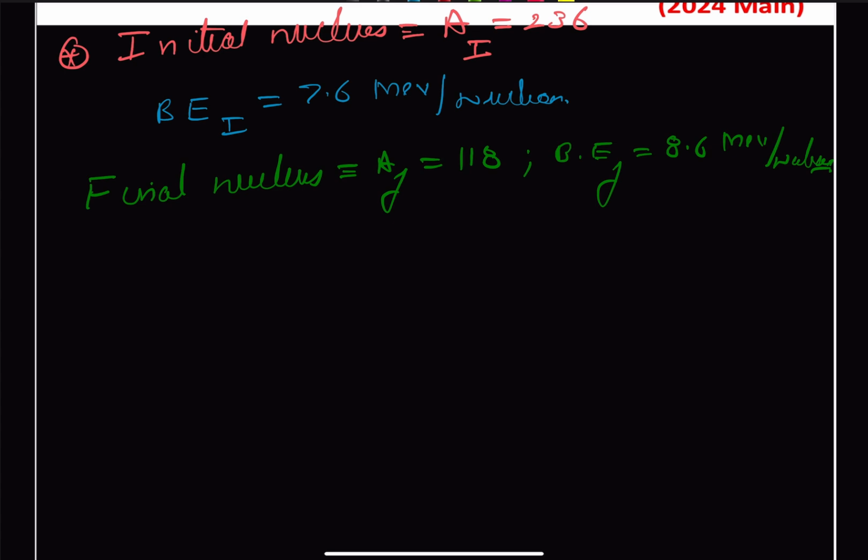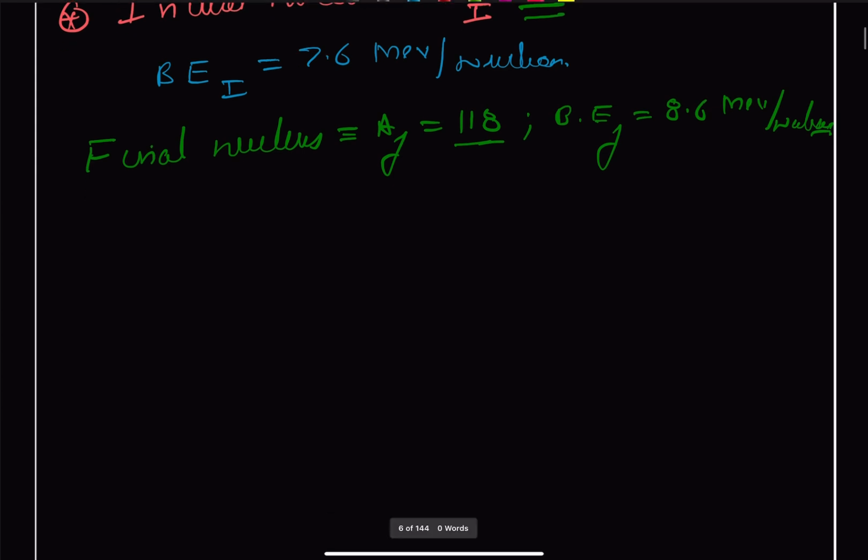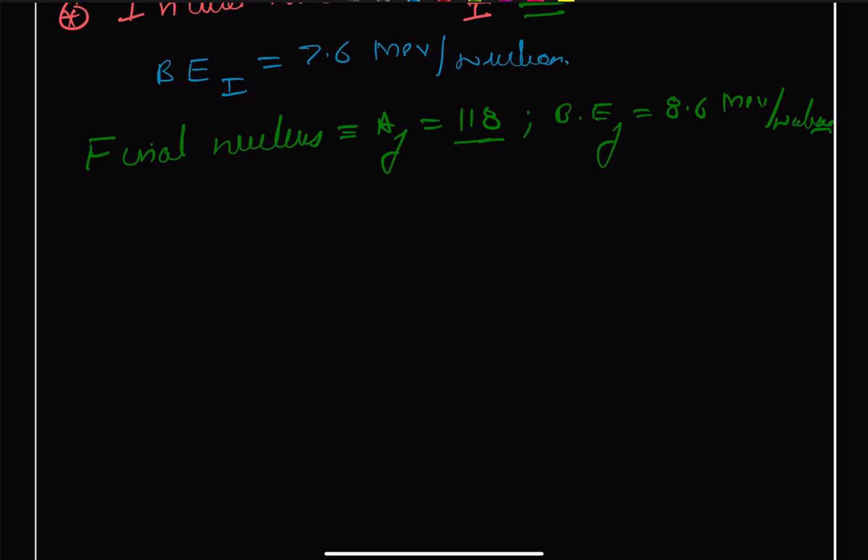If we compare the initial and final, we can clearly see that the mass number is approximately twice.